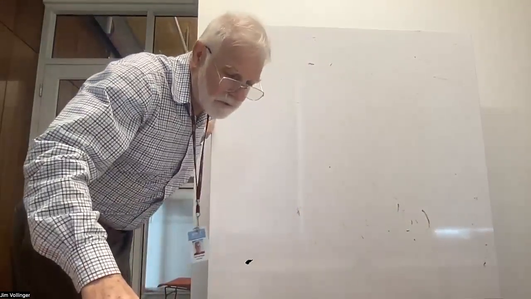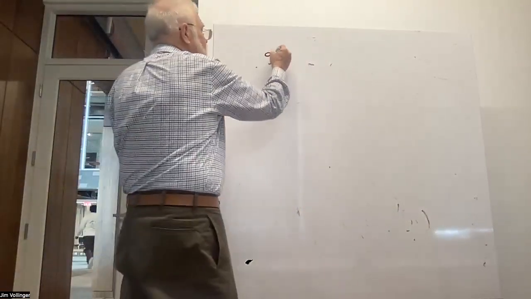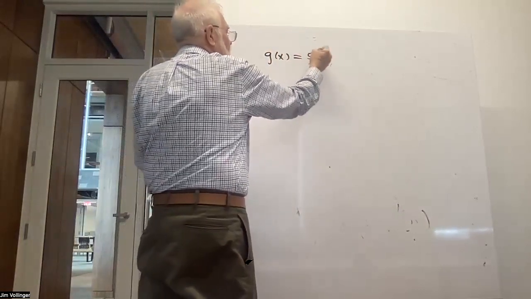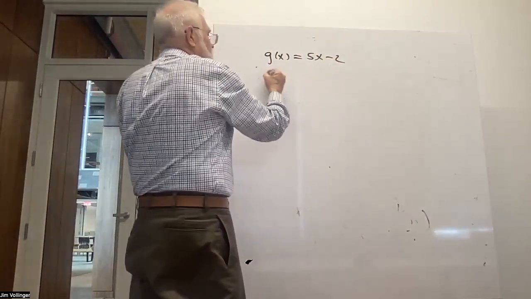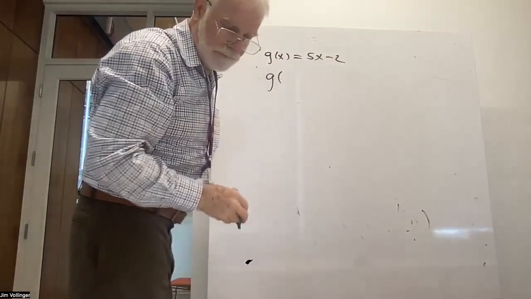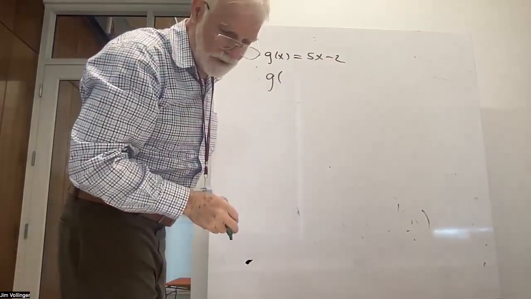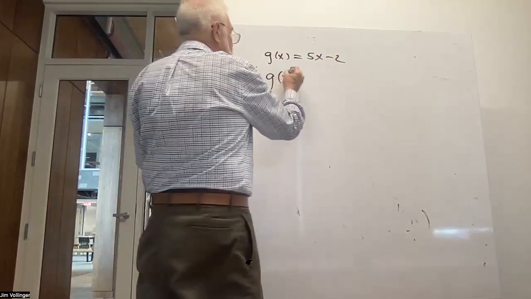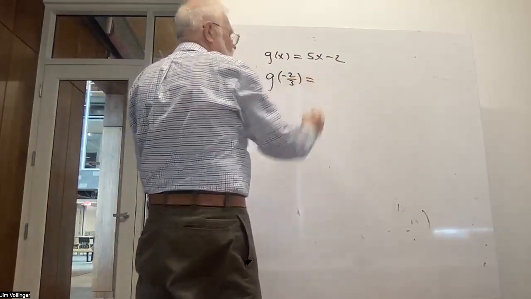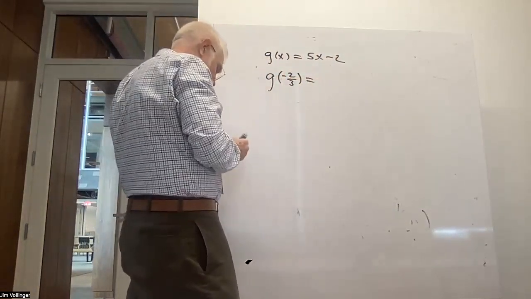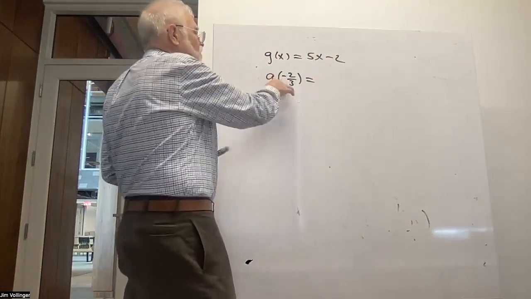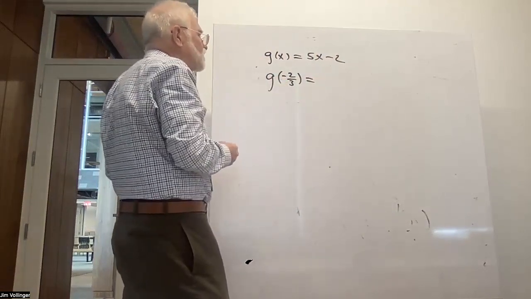Okay. Now we've got g of x equals 5x minus 2. So we're going to do g of minus 2/3. Just making sure your fraction work is good. Hopefully in algebra 1 you know this. If you don't know what to do with that, well, a little bit of a gap, let's close it.